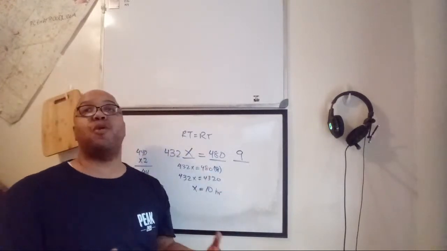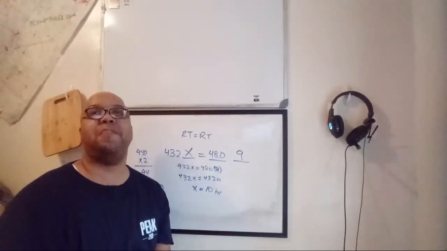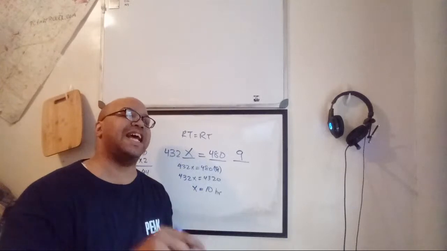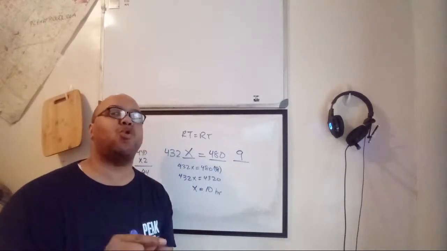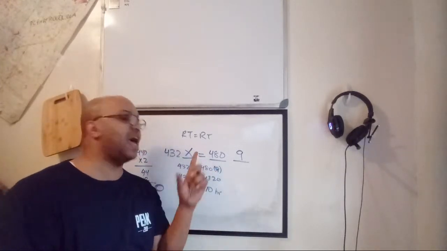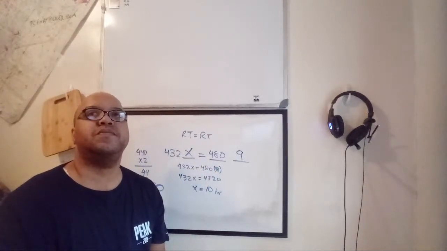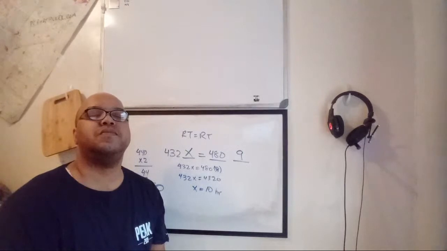And at this point, we're just plugging in information, right? Yes, exactly. Okay, now read the next sentence and tell me what information you're going to pull out of that sentence to apply to your formula. Okay. So they state on the trip there, it flew 432 miles, and on the return trip, it went 480 miles per hour.